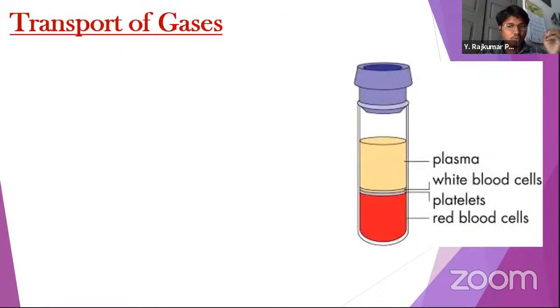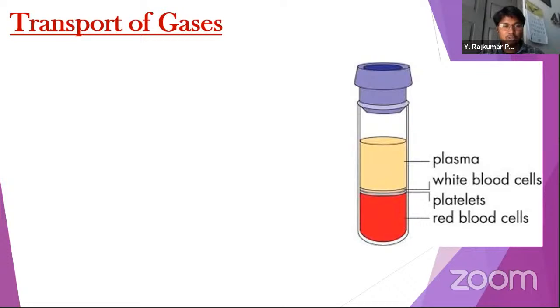First of all, what are the components present in the blood? We must know this because oxygen and carbon dioxide are exchanged: oxygen we breathe in and carbon dioxide we let outside, isn't it? But for the transport of oxygen, there is a need of a carrier.